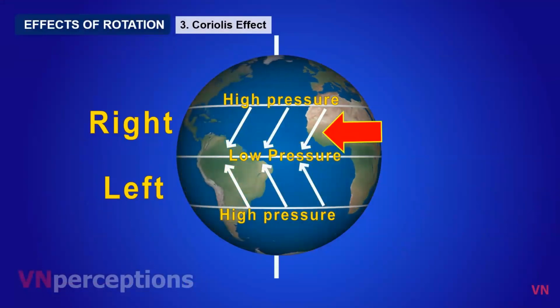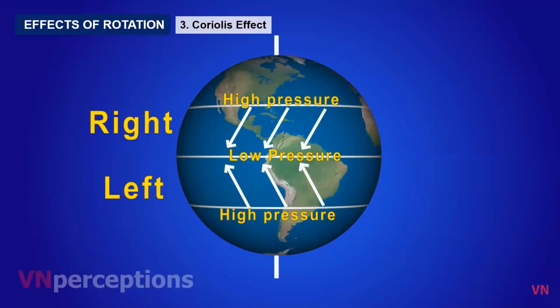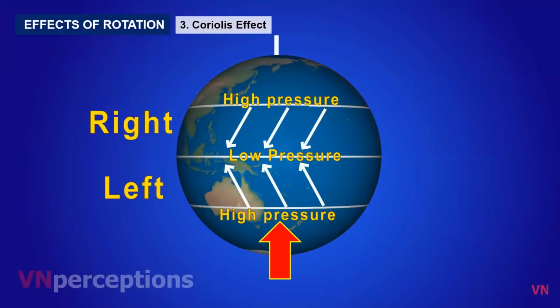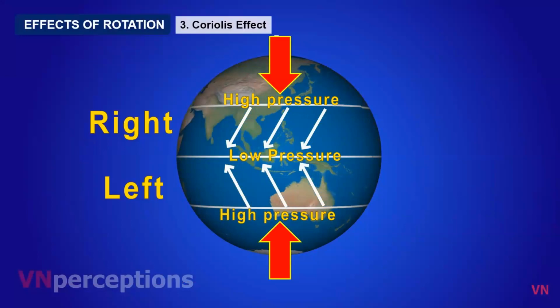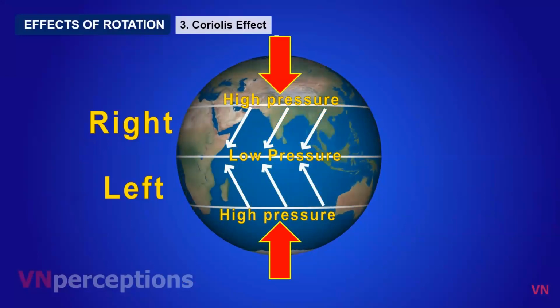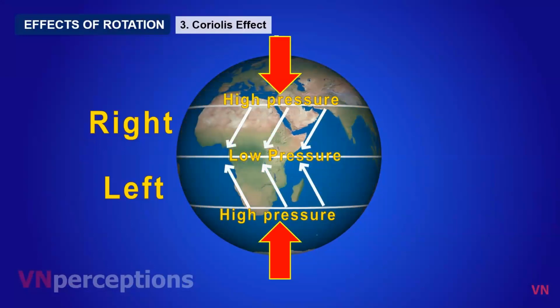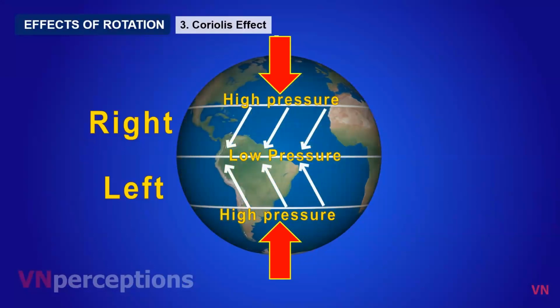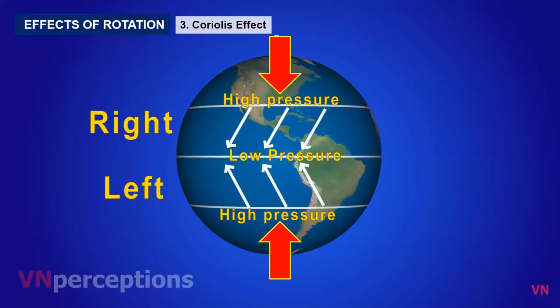But for the arrows in the south, you will be looking from the southern end. Similarly, for the arrows in the northern hemisphere, you have to look at it from the northern end. Then you will see that they are actually bending towards right. So the wind in the northern hemisphere always bends towards right, and in the southern hemisphere, they bend towards left.